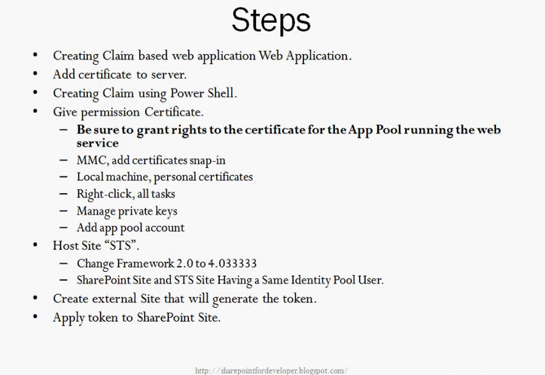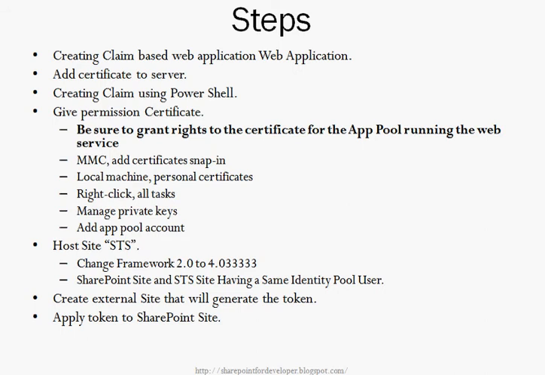The next step, we are going to host the site and change the framework to 4.0, because otherwise it will generate an error as we are using the federation metadata. This is the STS site and the SharePoint site, and we change the application pool identity user. Both the SharePoint site and the STS site have the same identity pool user, so we can change that.